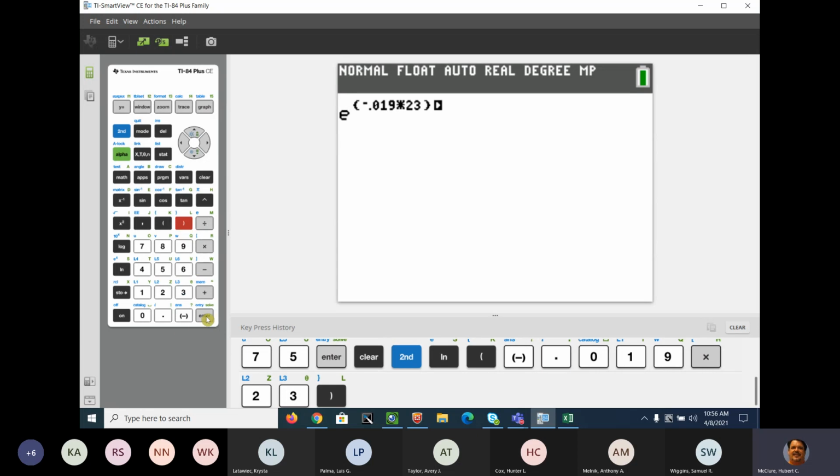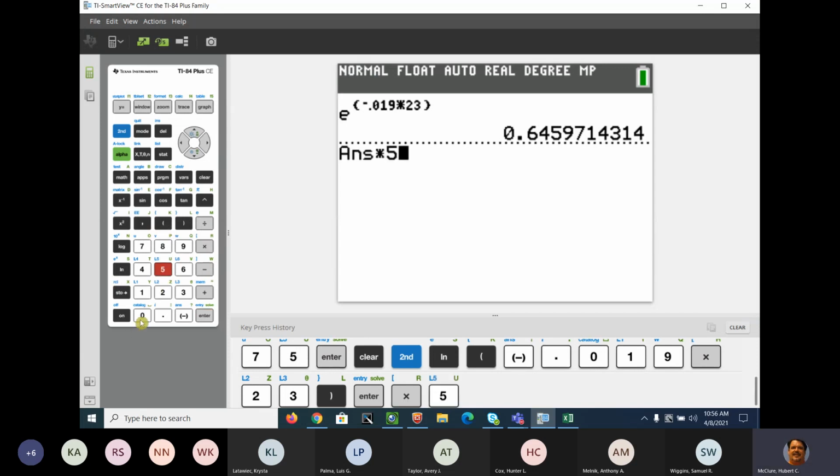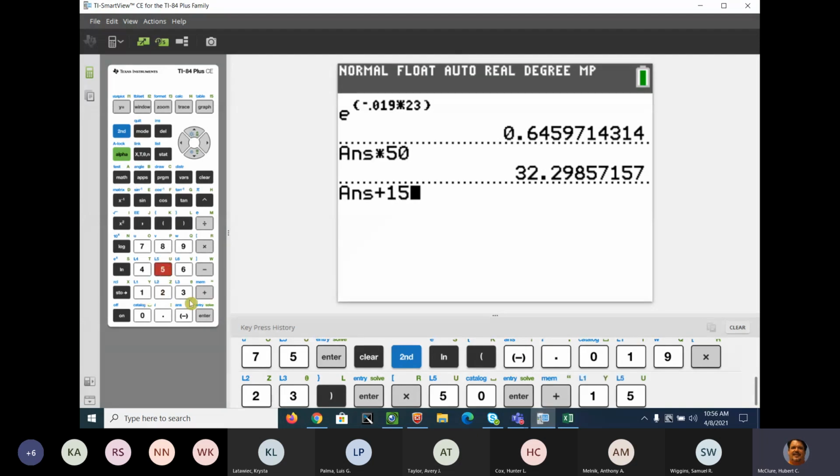Close parenthesis, enter. 0.64597 times 50 plus 15. So after 23 minutes, that's equal to 47 degrees Celsius.